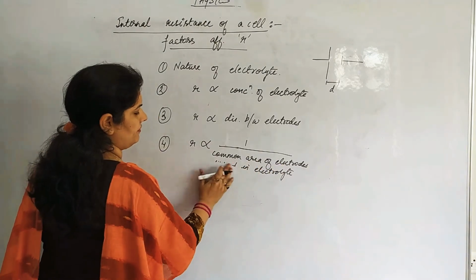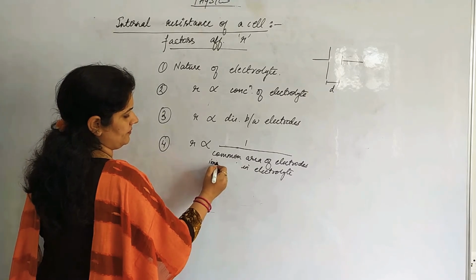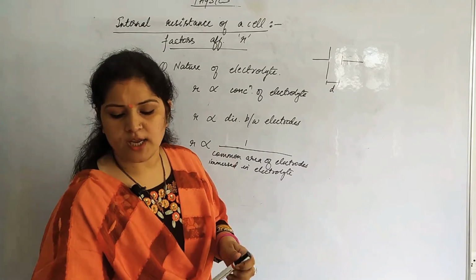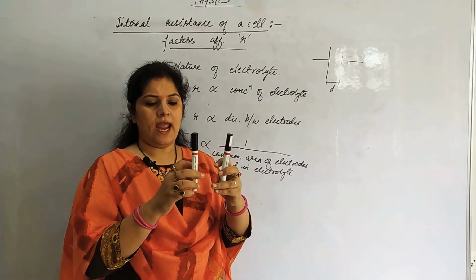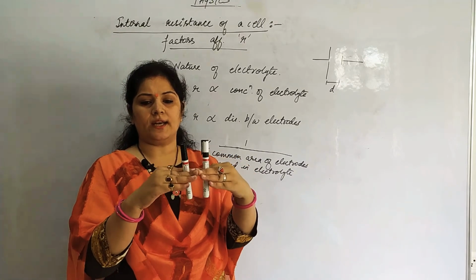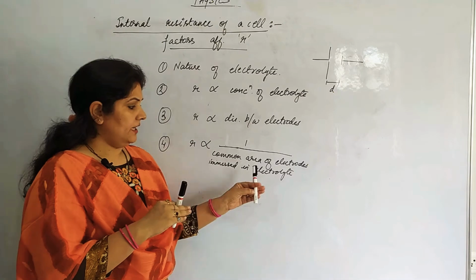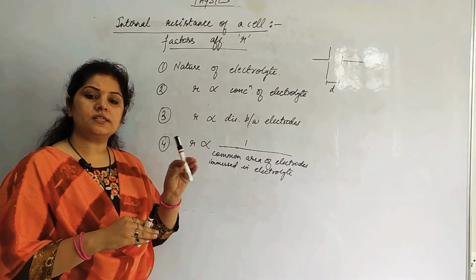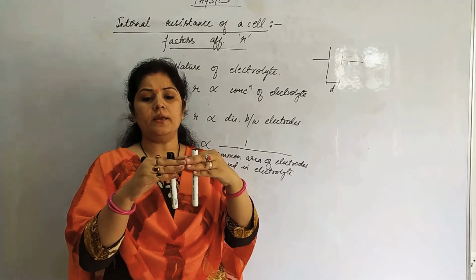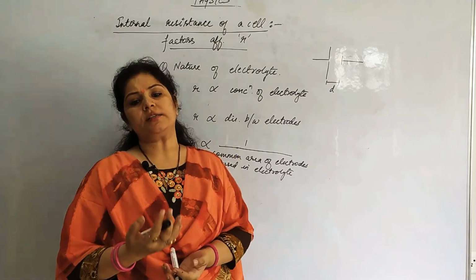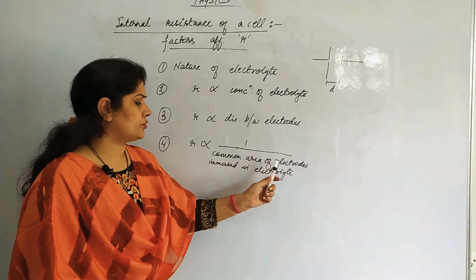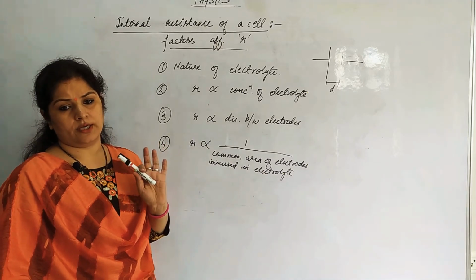Rather than the word dipped, we will write immersed in the electrolyte. If suppose I have taken a cell, and if the area immersed in the electrolyte is less, internal resistance will be more. If I have immersed more area, common area immersed is more, then internal resistance offered will be less. It is inversely proportional to the common area of electrode immersed in the electrolyte.